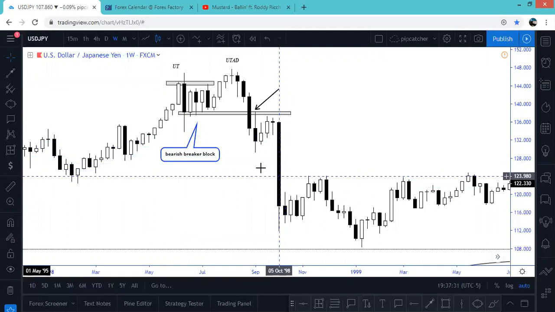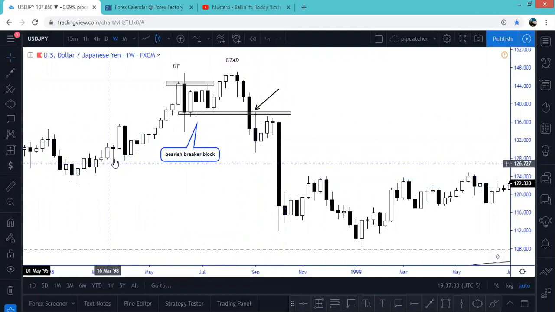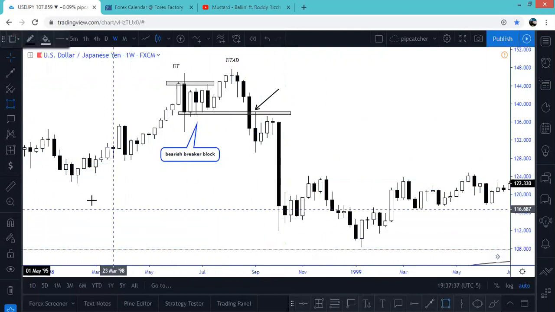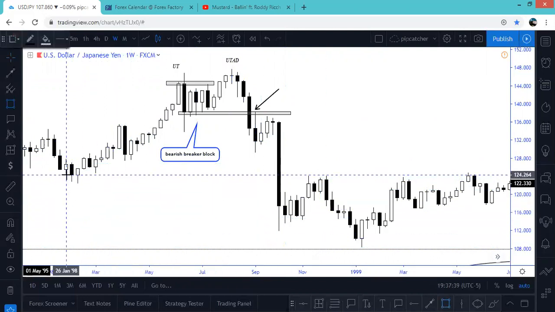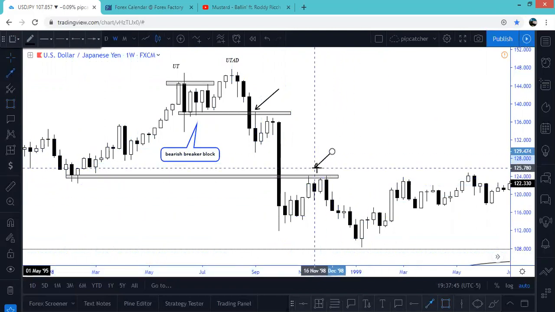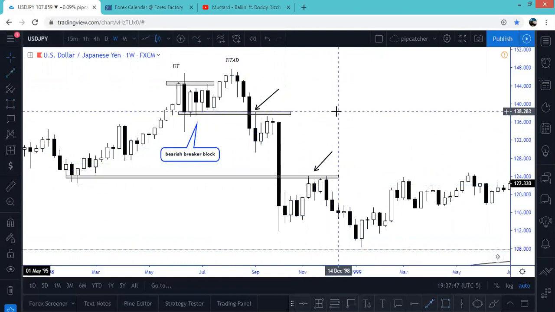But what happens when this structure over here also gets broken? Look, do y'all see that? More entry points, right?